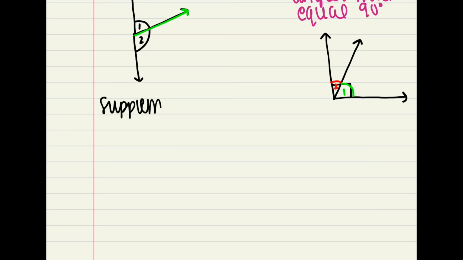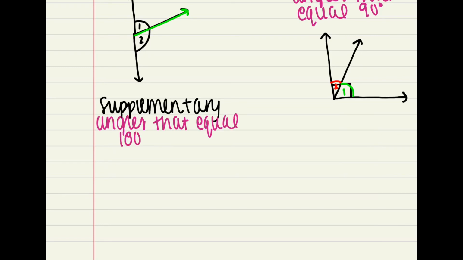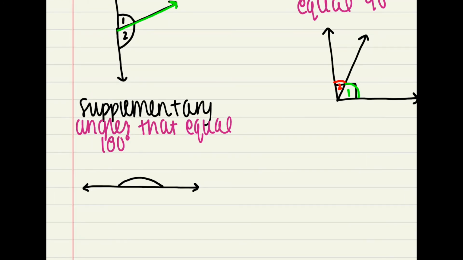The next one we have is supplementary. And they're similar to complementary, but these are angles that equal 180. So I have something that is a line, because remember, lines equal 180. I'm actually going to split this into 3.